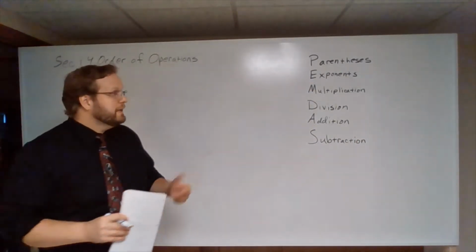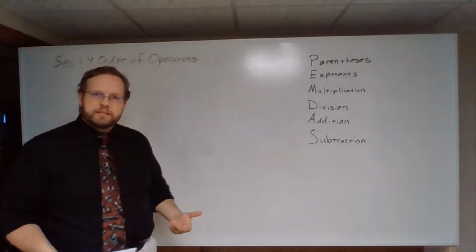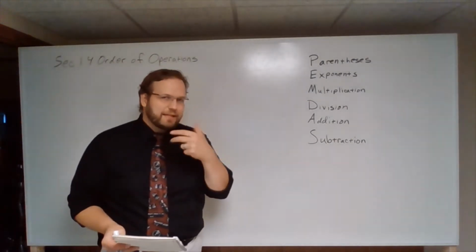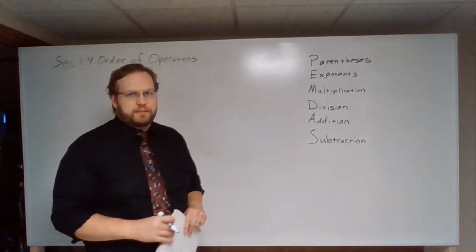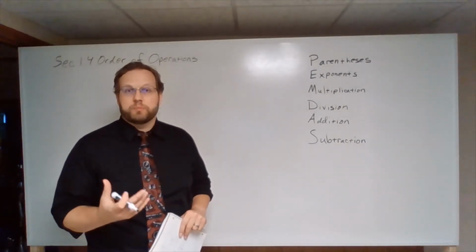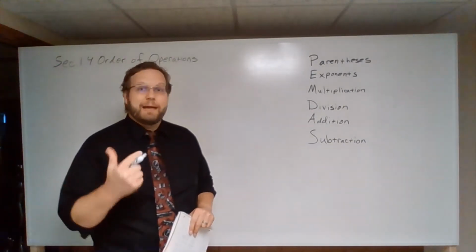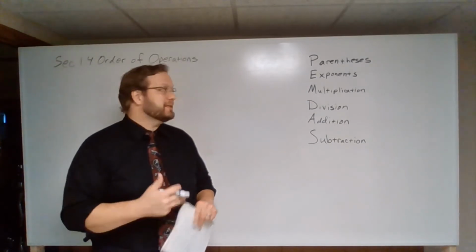If you just read it, no big deal. But there are a few details that a lot of people overlook when using this list. First of all, parentheses. Really what that should be saying is grouping symbols. It could be parentheses, absolute value bars, brackets, braces, any of those things.